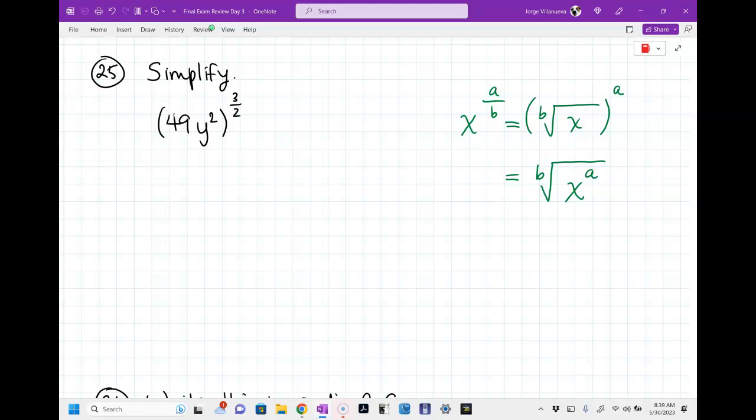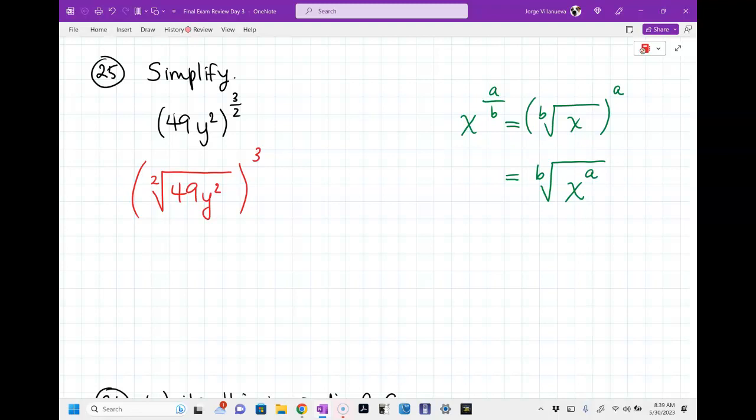Okay? So we're going to have to simplify this thing. All right? So this is, let me rewrite it in red, 49 y squared in a square root to the third power. Remember, your index is a 2.